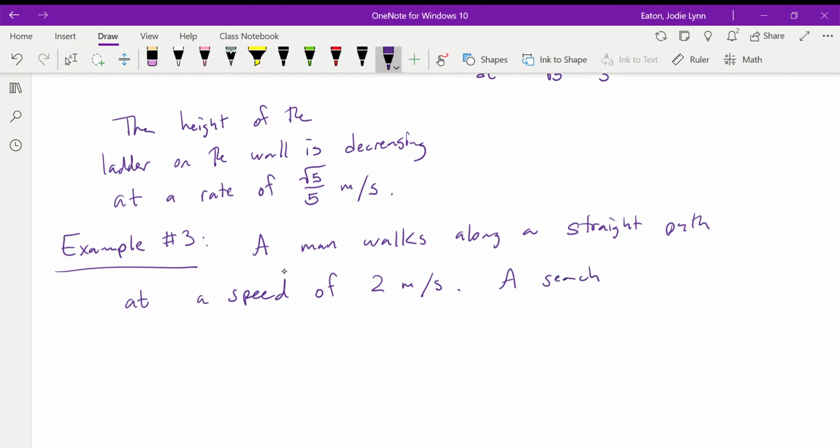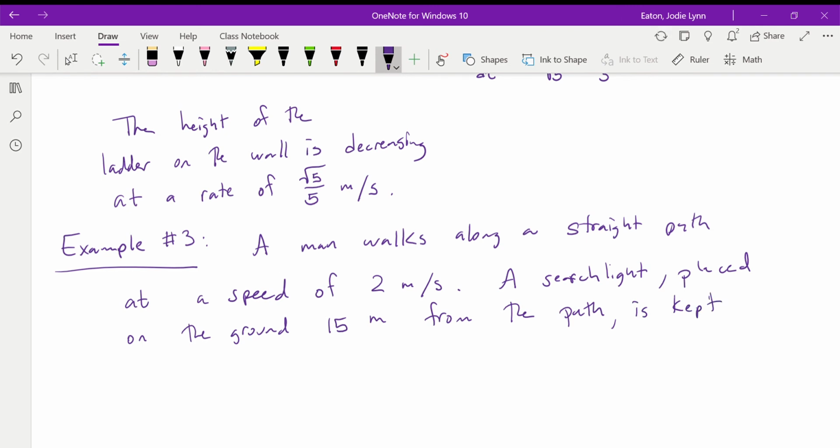A searchlight placed on the ground 15 meters from the path is kept focused on them, or on him rather. So the searchlight is following the man.